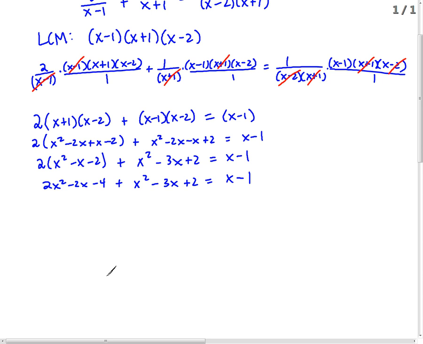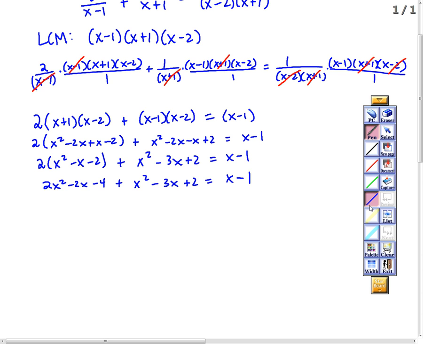I'm going to combine all my terms. Okay, my x squared terms are here. I end up with 3x squared. My x terms here and here and here. I end up with negative 5x.